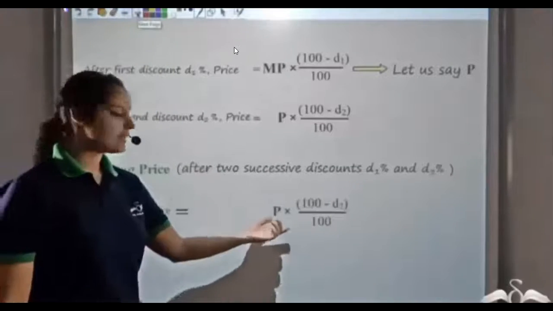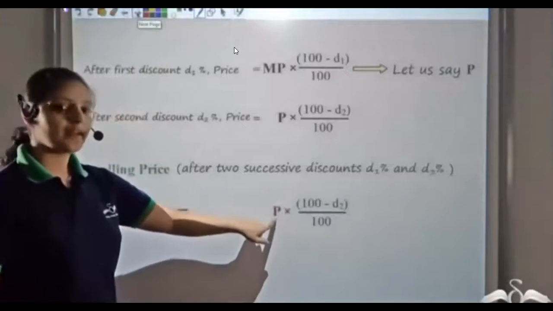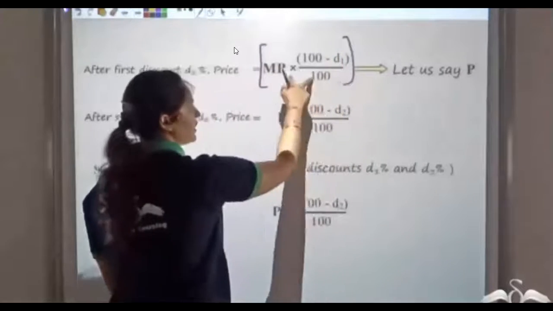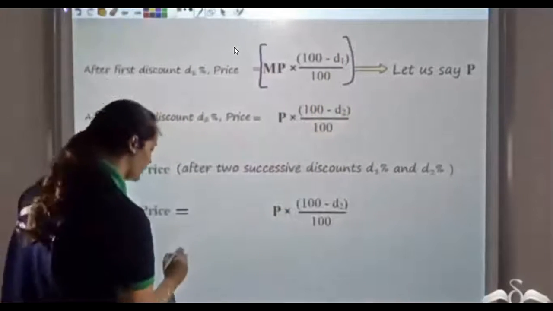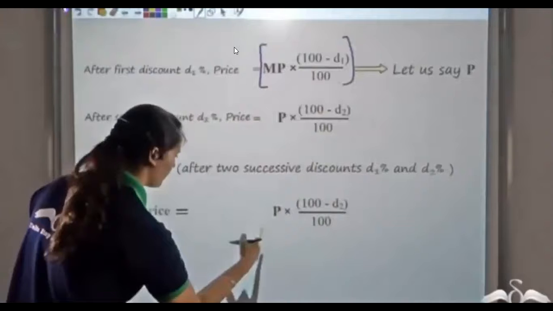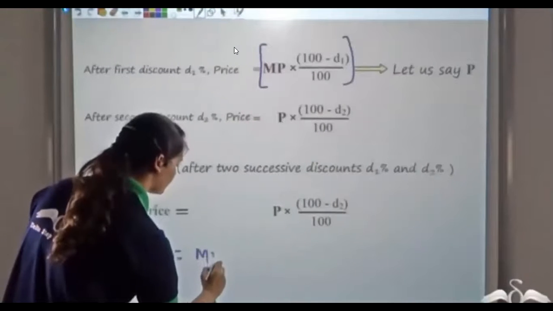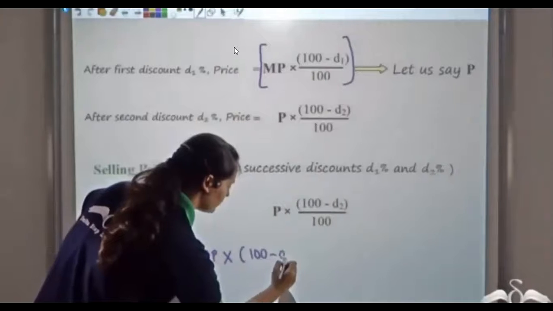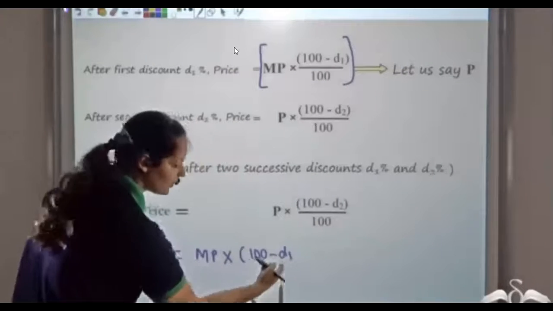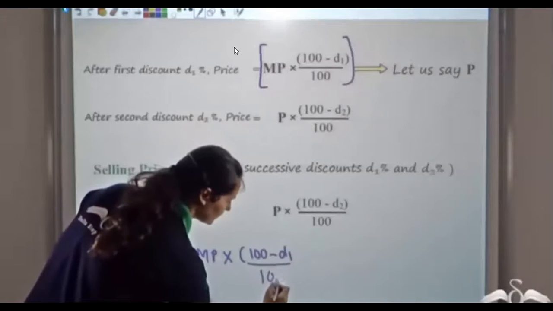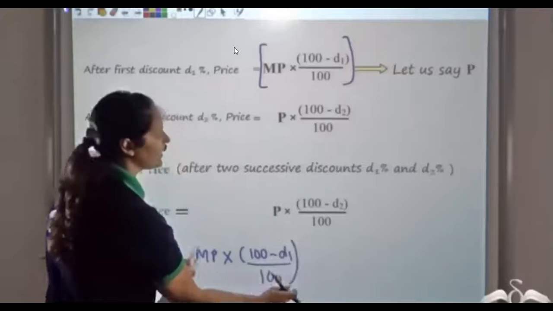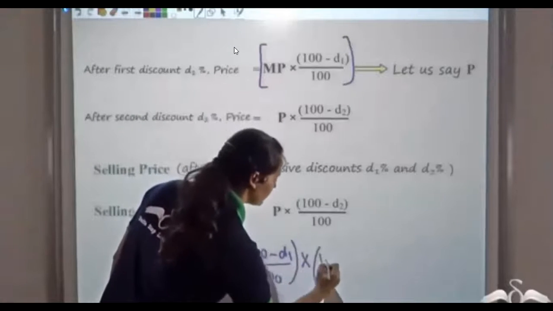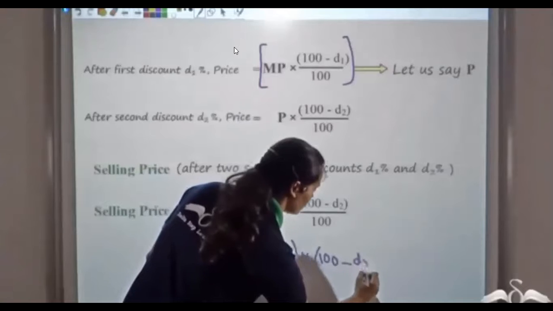So this is my selling price. But now we already know the value of P. This entire expression is P. So I can substitute this for P. Here I would get my selling price as, for P, I would write marked price into 100 minus D1, the first discount percentage, upon 100, times 100 minus D2 by 100.